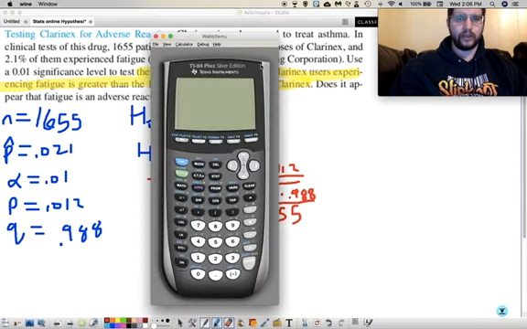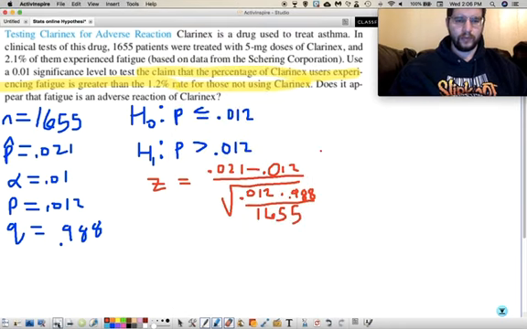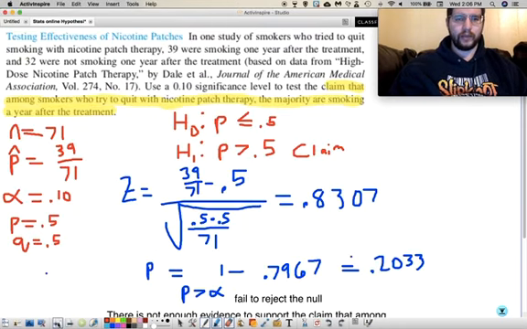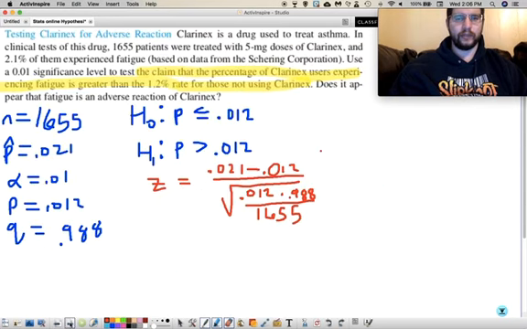But again, I'm not going to try and trick you on these. So remember that n times p and n times q better be greater than 5. If I do that times 0.021, I get 35. So we're good to go. And on the other ones, our p hat already told us 39, and that was 15% of 700, so I knew that was bigger than 5.